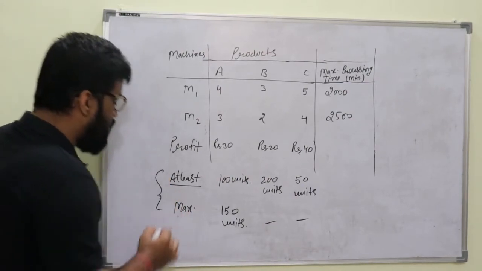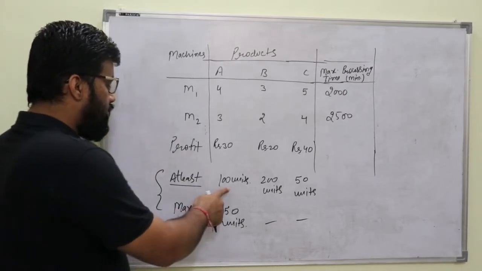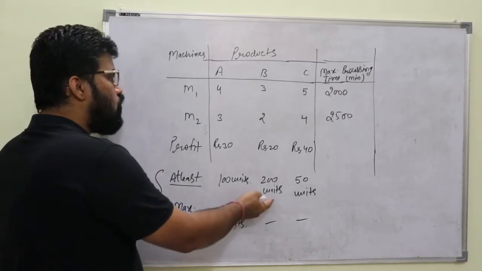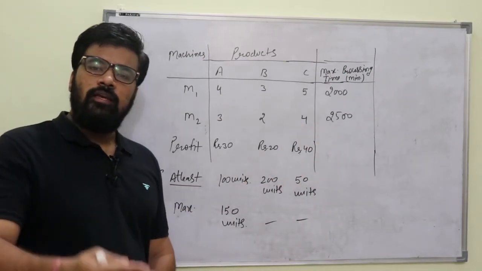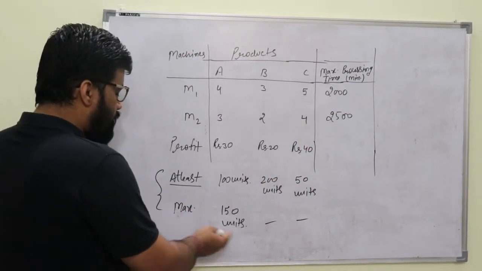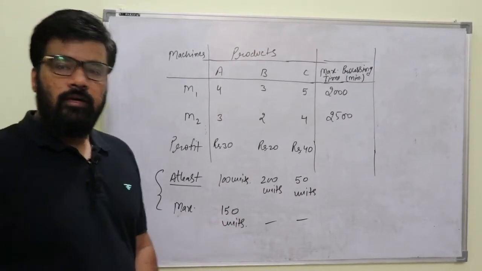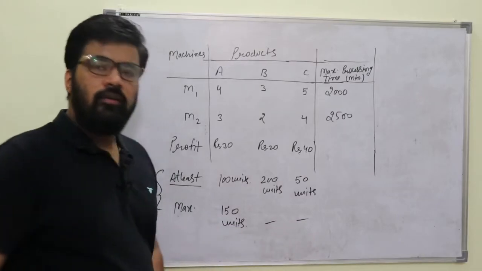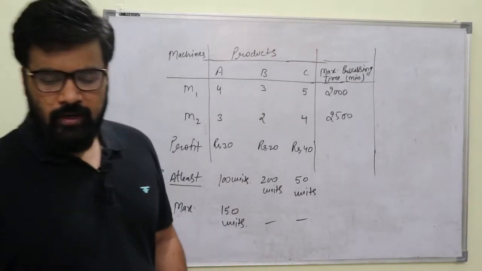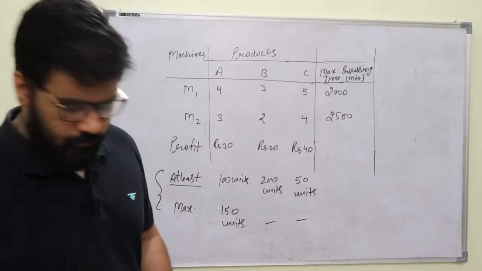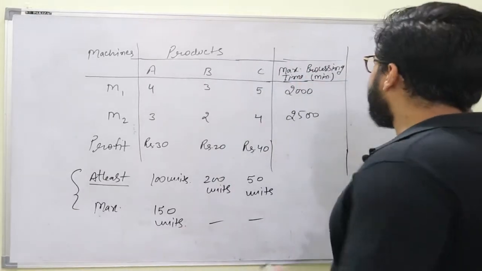There is also a limitation in terms of production: at least 100 units of A, 200 units of B and 50 units of C should be made. Besides this, it says the maximum production for A should be 150 units, but the maximum production for B and C is not given, so let it be. Then the last line is: set up the production program. This is what we have been doing in the last 3, 4, 5 videos we made. So let's start.